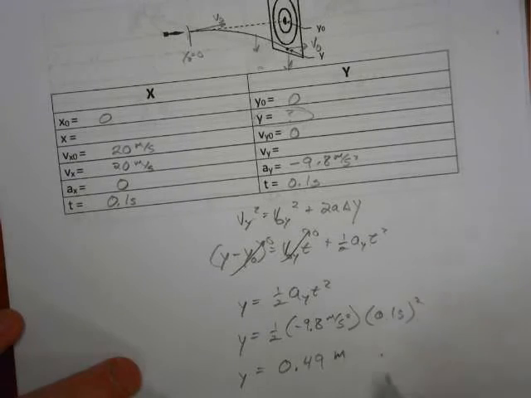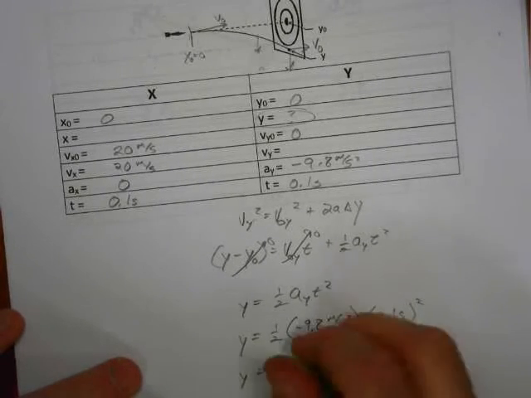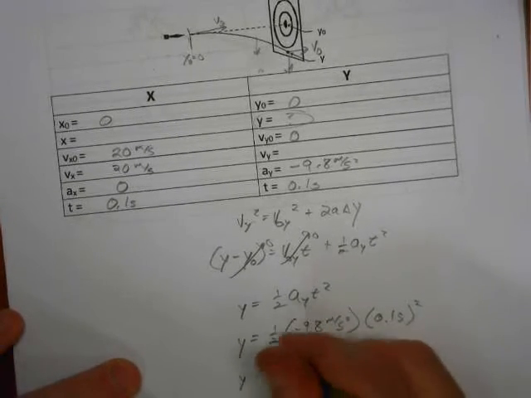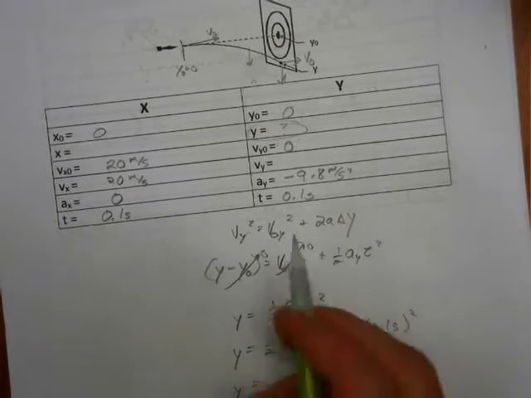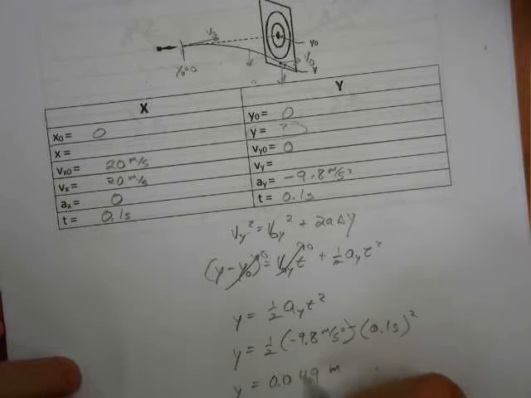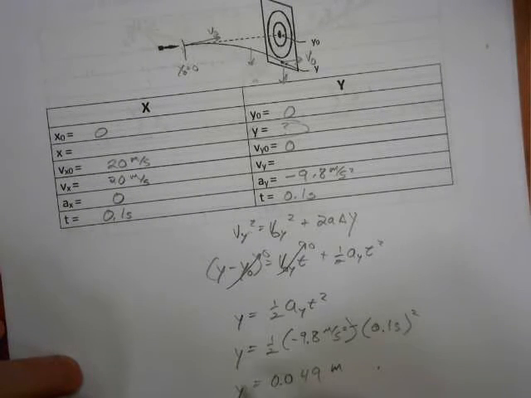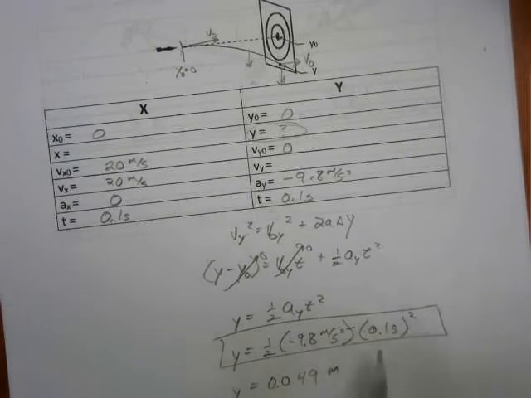Wait, squared. So 0.1 times 0.1 would be 0.01. So that would be 0.049 meters. Check that solution. I don't have the calculator with me, but that is correct. You can check my numbers.